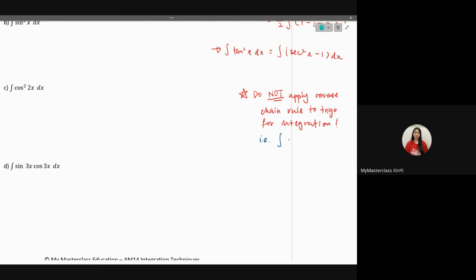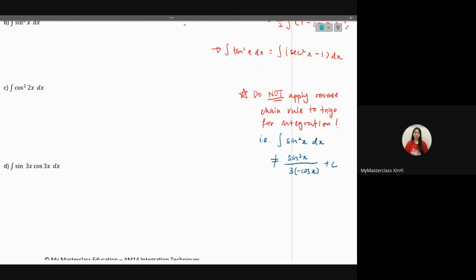It means you cannot treat this as sine x whole thing square and then do your so-called reverse chain rule. So this is not equal to sine cube x over 3, then you take the differentiated of your sine. No such thing.